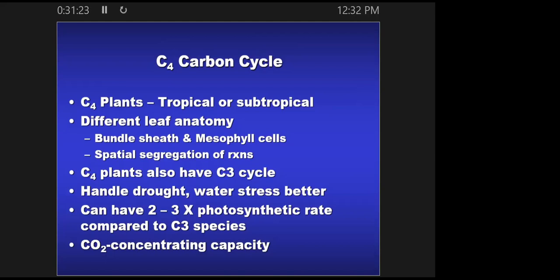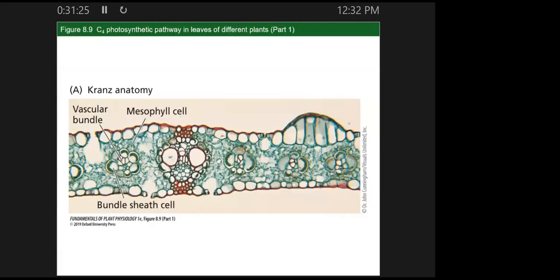All right, let's look at some leaf anatomy. So this is the cross section of, I believe, maize or corn. Doesn't really say in here, but I'm pretty sure that's what they went for. Okay, so what do we got? So this is a cross section. And what you're looking at are veins. Here's the major vein, I believe, right in the middle of this image, and the minor veins on either side.